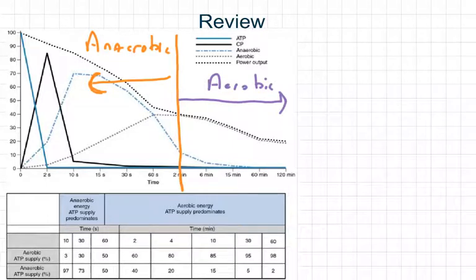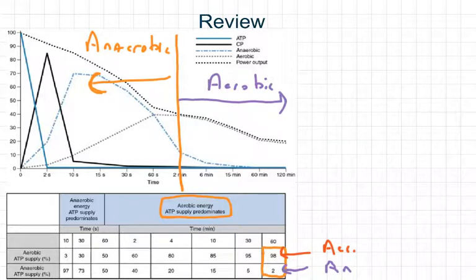The other component is that when the body is producing ATP through oxidative phosphorylation, it's not doing it all alone. Even though the majority of the ATP being produced is aerobic, there's still a small component of ATP being produced through anaerobic processes.